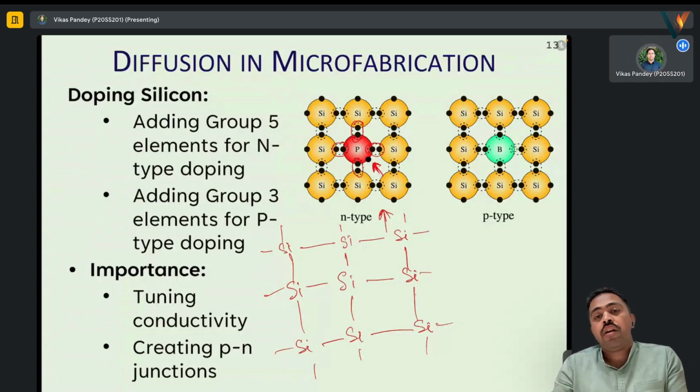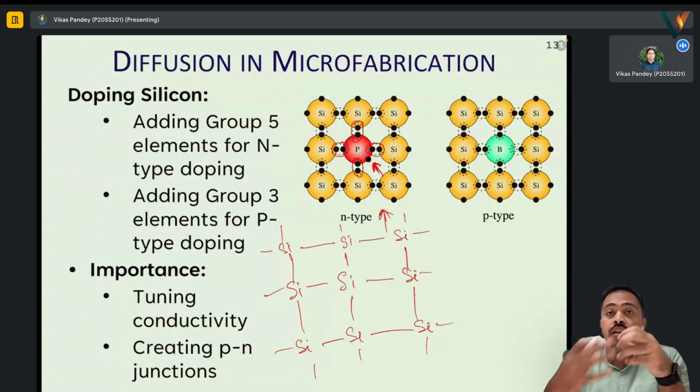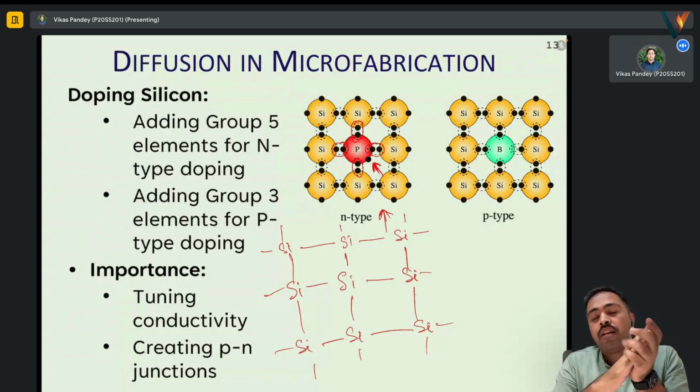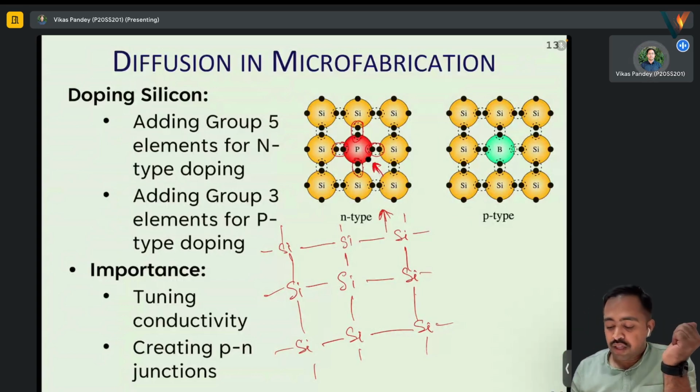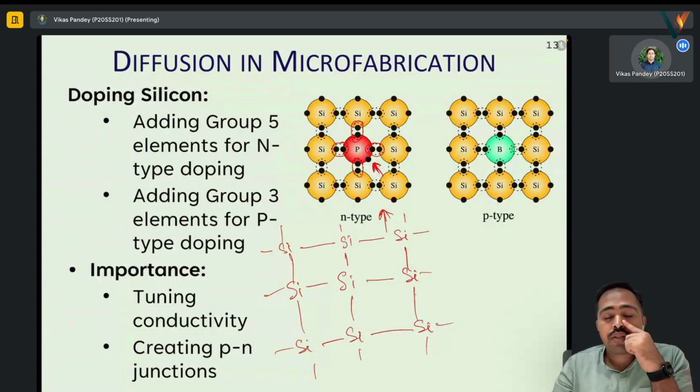Whereas if we are doping, if we are adding boron and it is sitting at an interstitial site, or it is replacing the silicon atom at a position, what will happen is that in case of boron, we have only 3 valence electrons. And these 3 valence electrons will create bonding with 3 silicon, but one part where silicon wants to bond will remain empty, and here a hole or a vacancy is created.